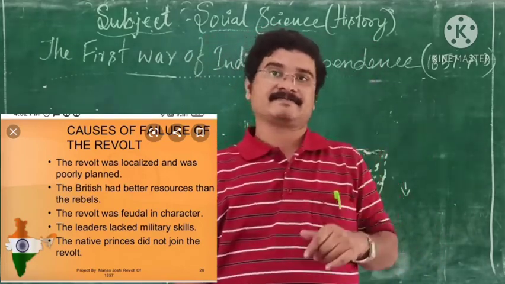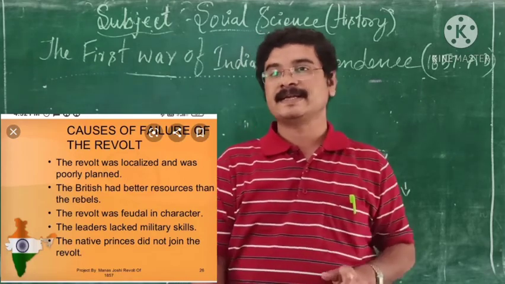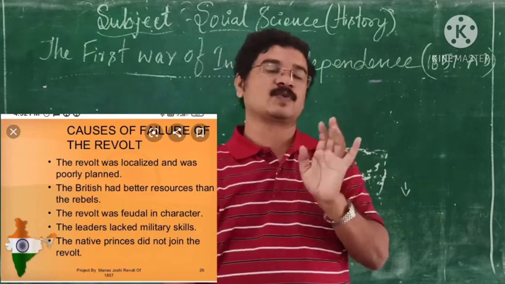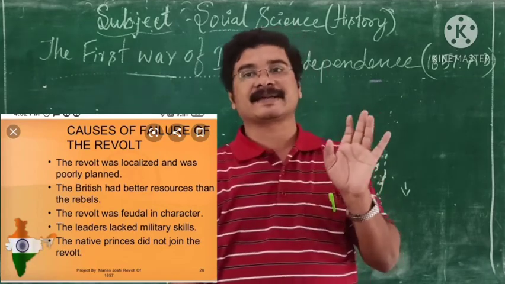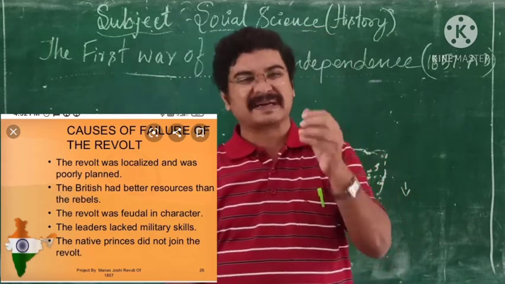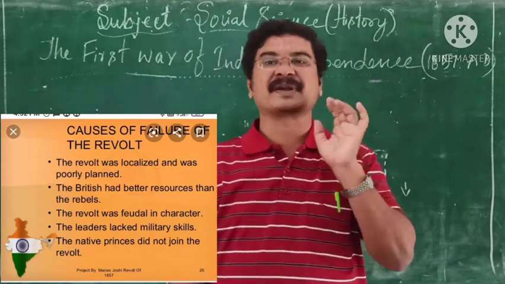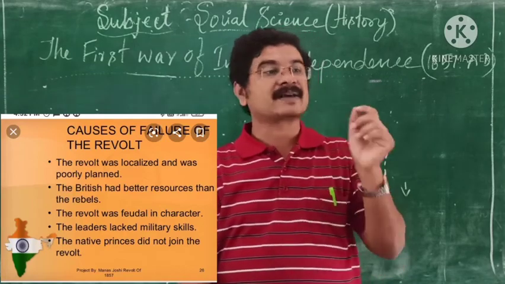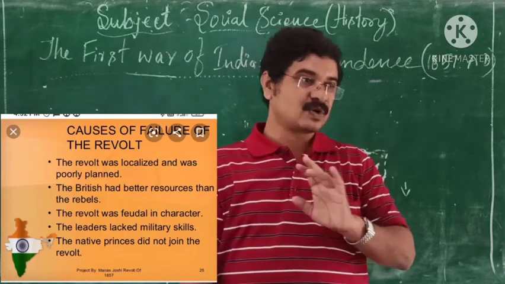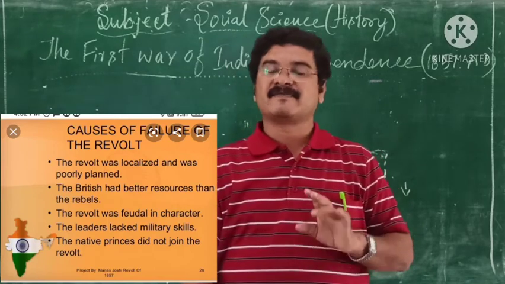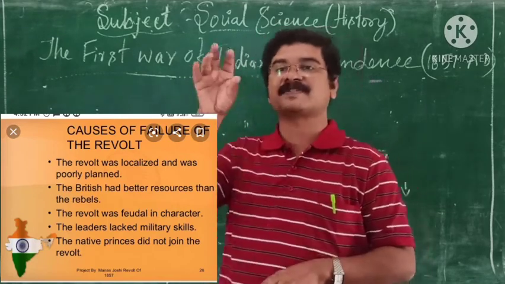The second is not well organized struggle. The third was lack of proper direction. The fourth was lack of organization. There is no organization found there. Then the fifth reason was the lack of strategy.